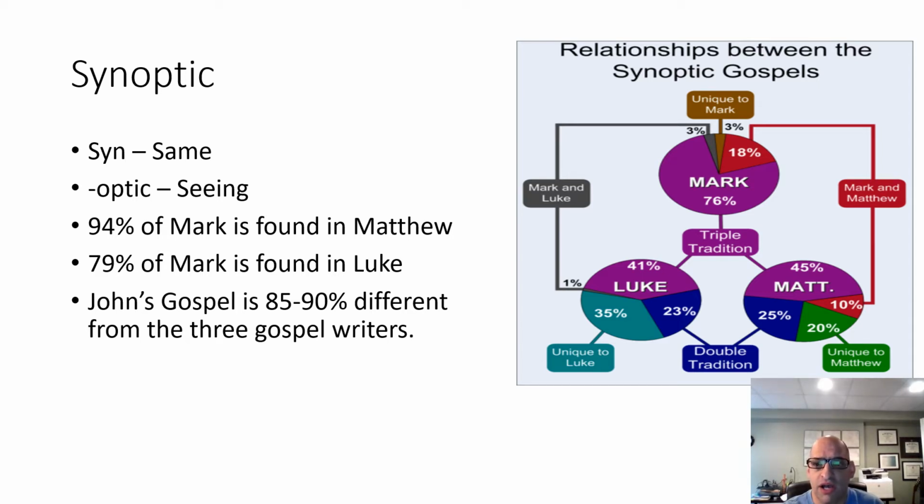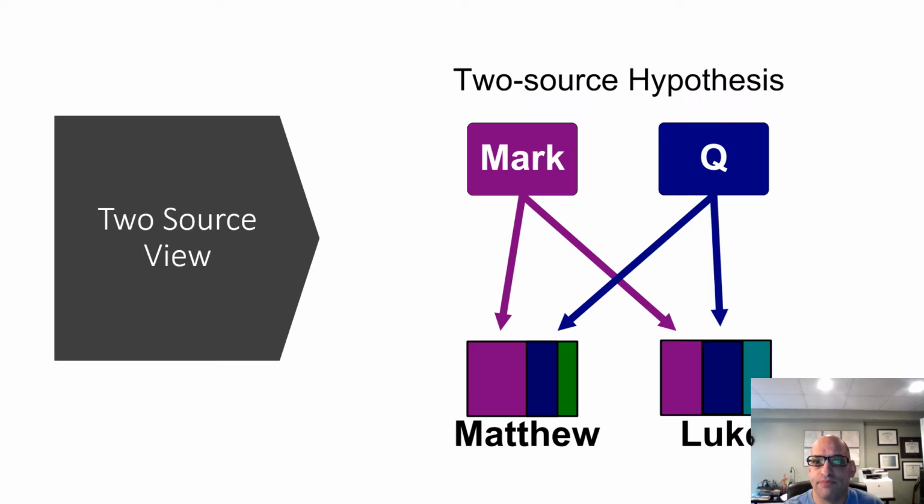And hopefully we'll find some relationships here and some answers that will settle your heart as you work through the particular study. Now, two important source views would be the two source hypothesis view. There is a position that there's a Q, a source from which Matthew and Luke are originating their gospel account.